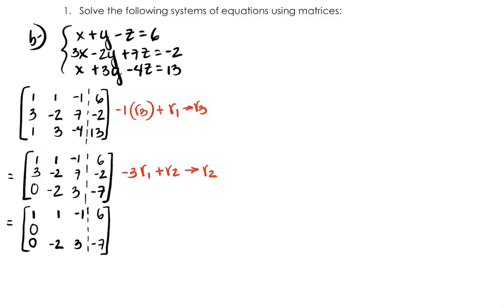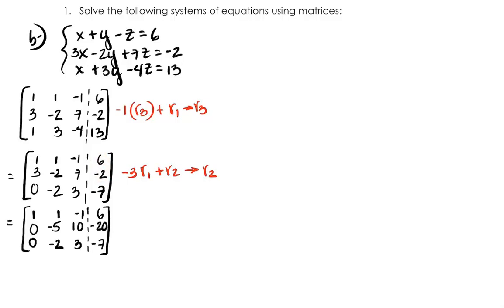Now negative 3 times 1 is negative 3, plus negative 2 is negative 5. Negative 3 times negative 1 is 3, plus 7 is 10. And negative 3 times 6 is negative 18, plus negative 2 is negative 20.